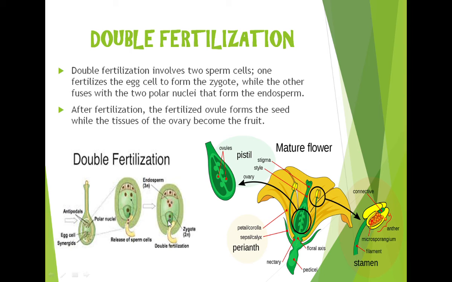So the formation of the zygote, which is diploid, and the endosperm, which is triploid, is called double fertilization. अब एक sperm फ्यूजन न्यूक्लियस के साथ और एक स्पर्म एग के साथ फ्यूज करेगा. जो एग के साथ फ्यूज करेगा वो ज़ाइगोट बनाएगा. जो फ्यूजन न्यूक्लियस के साथ फ्यूज करेगा वो एंडोस्पर्म बनाएगा.